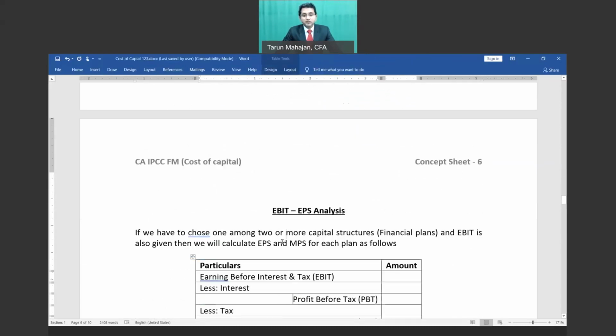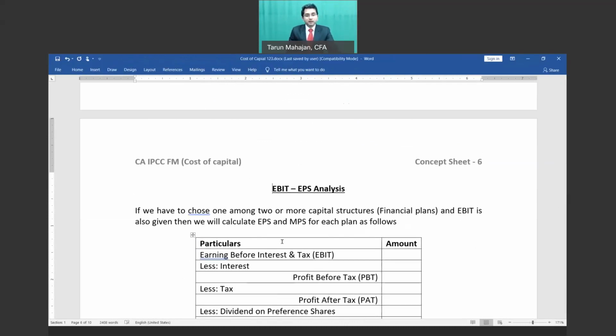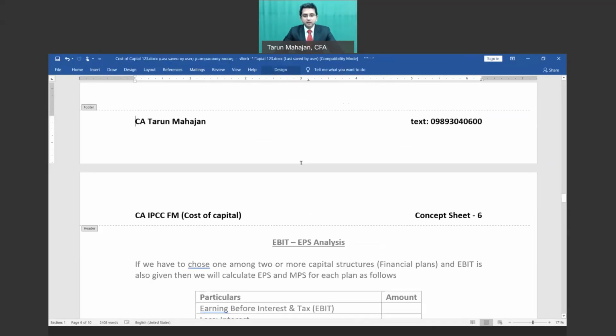So there are two ways in which you can take your capital structure decisions. Say you have been given two or three capital structures.